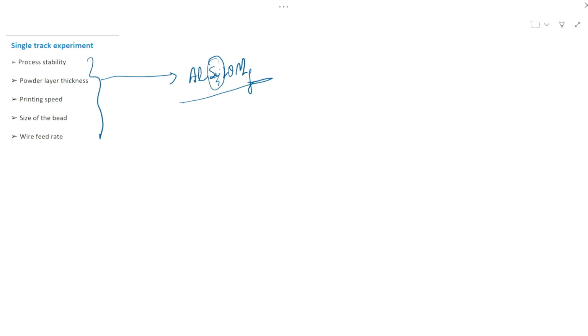The average layer thickness will be around 30 micrometers. Again, we have Ti6Al4V, where the average thickness is 50 micrometers. These are some applications I am telling you about.